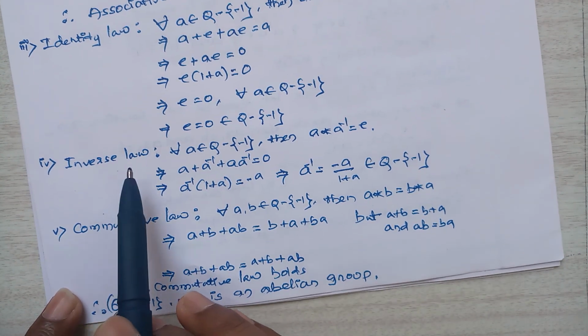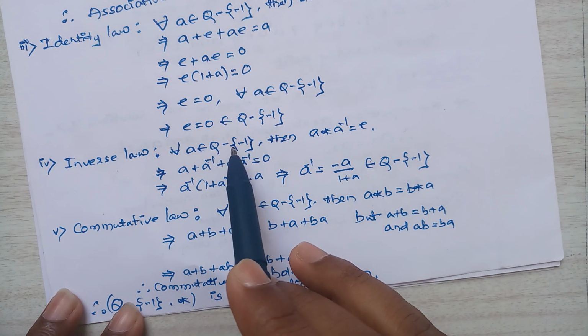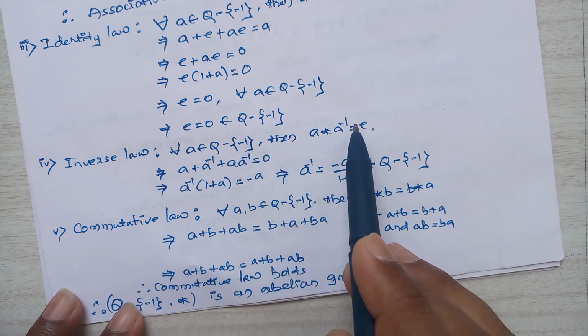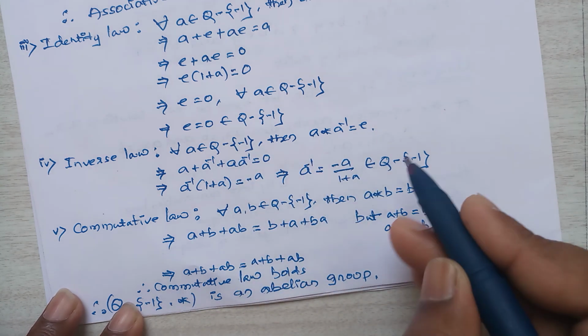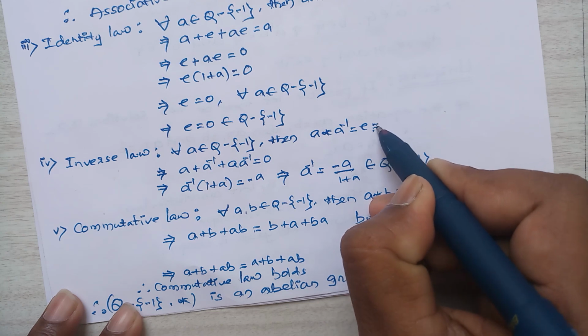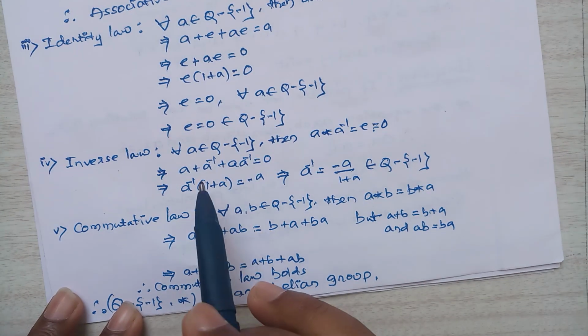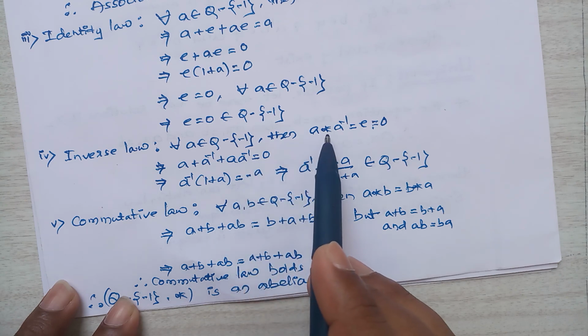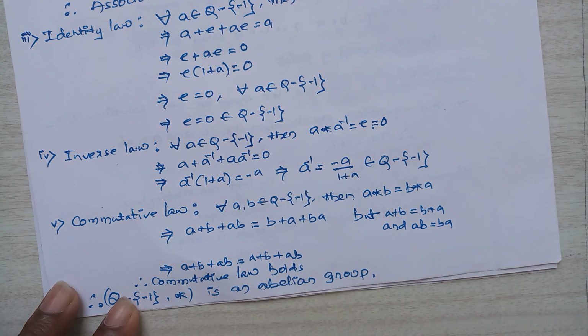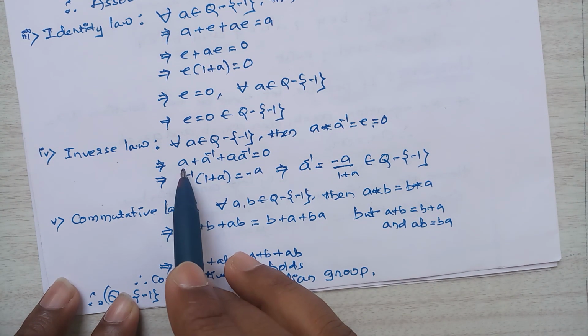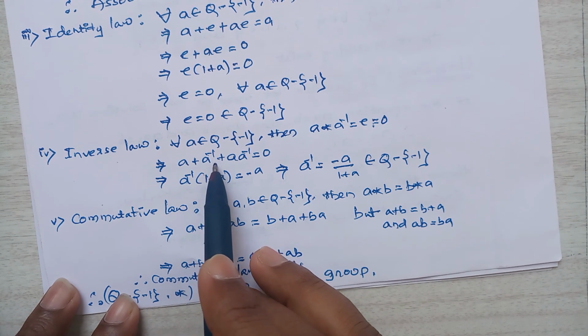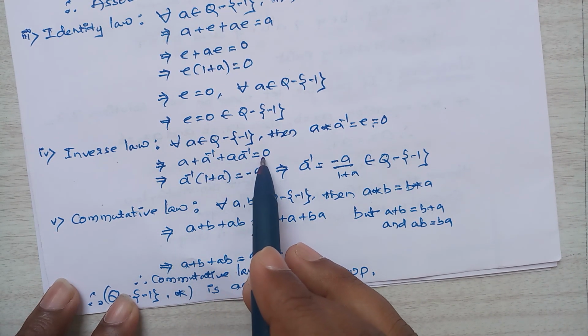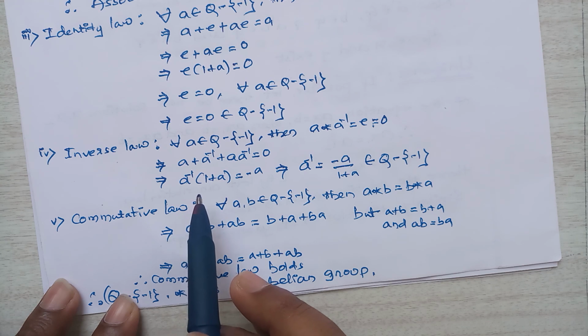Next, inverse law. For all a belongs to Q minus of 1, a star a inverse is equal to e, where e is 0. Therefore a plus a inverse plus a a inverse is equal to 0, because a star b is equal to a plus b plus ab and e is 0.